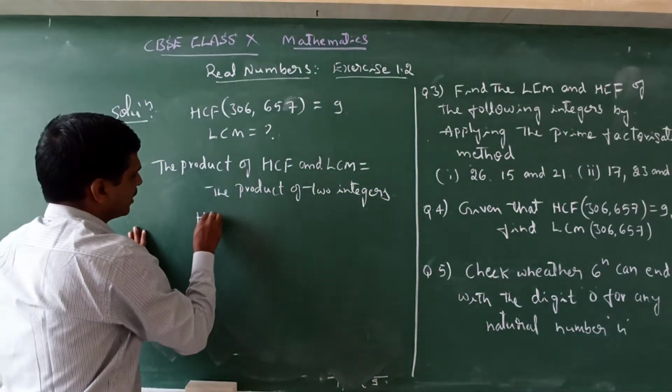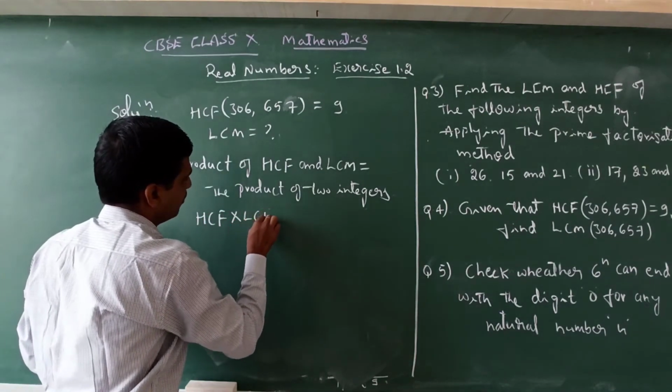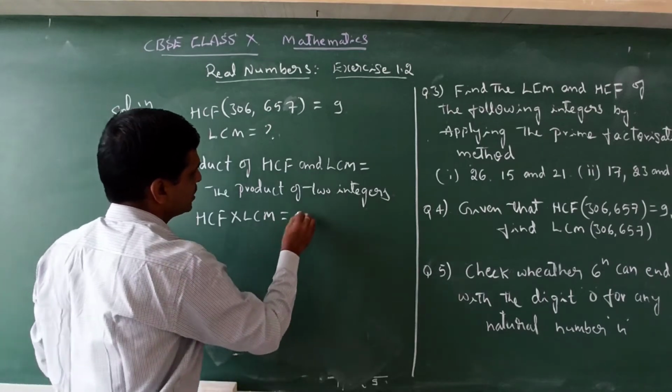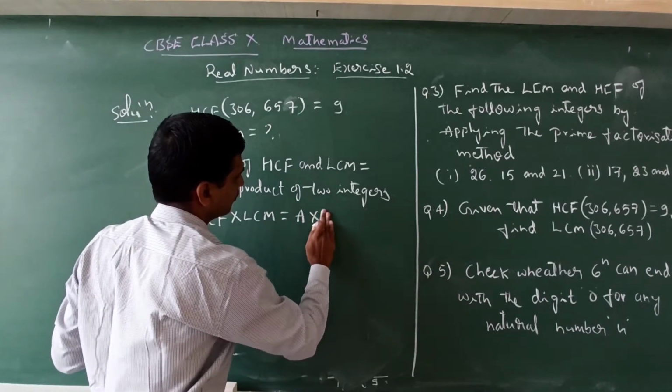So I should write it in the formal way: HCF into LCM is equal to the product of the two positive integers, A into B.